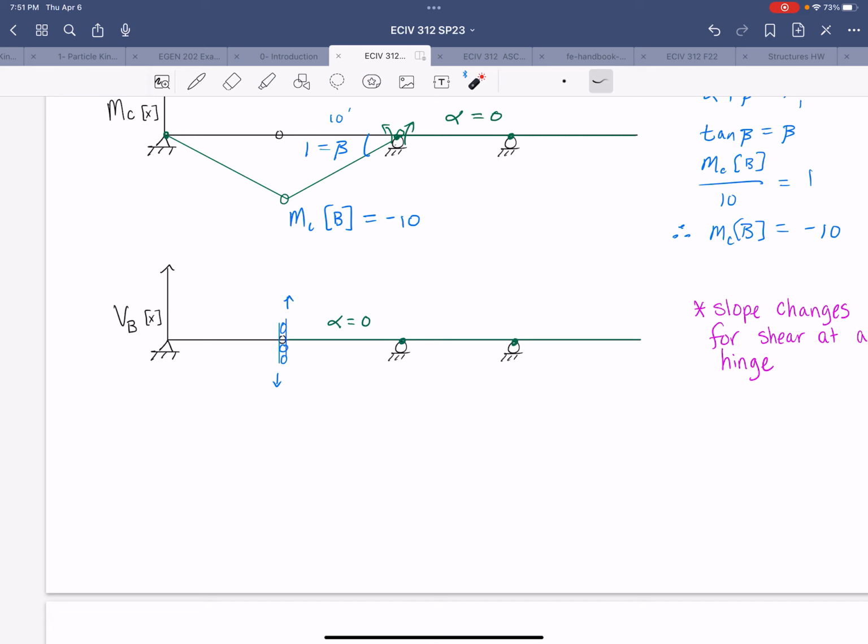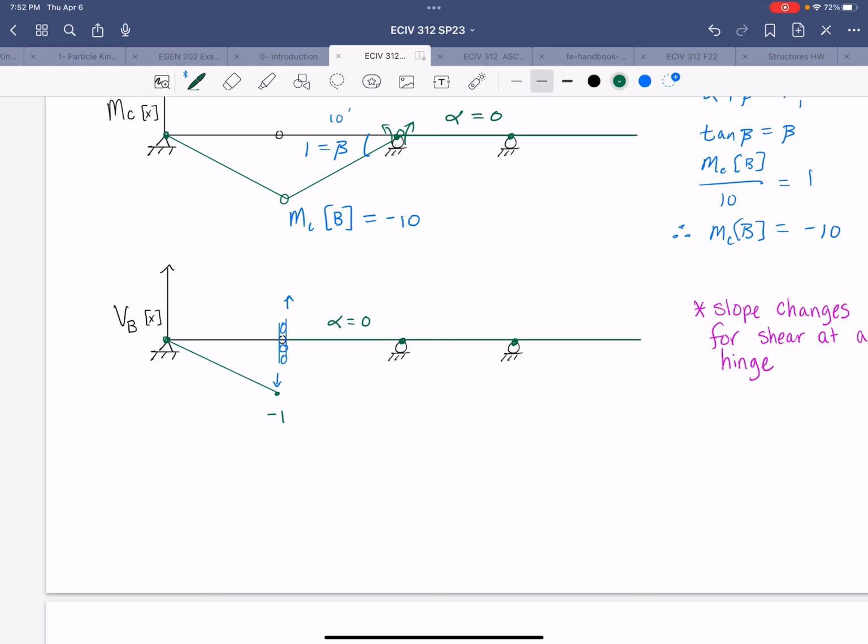Now, normally for shear, we would have to match that slope on the other side, but because the location of interest is at a hinge, the slope can change. All right, so since the slope is 0 from B to F, that means that it does not displace on the right side, which means the left side takes the full unit displacement, and it rotates because there's also a hinge there.